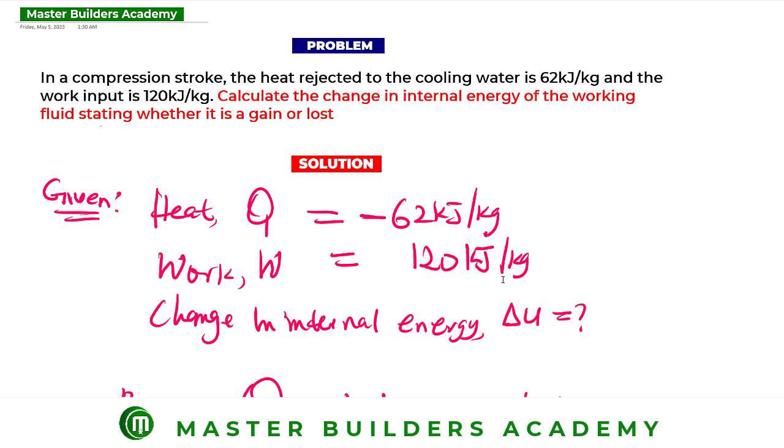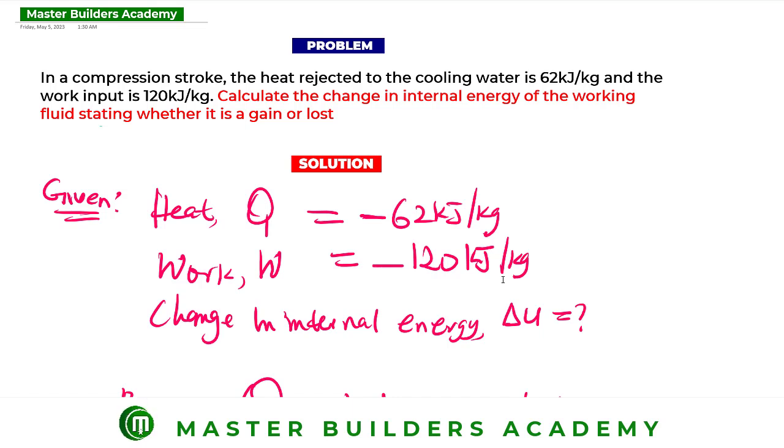When we come to work done, this is work input, which means the work done on the system. Work output is the work done by the system, but work input is the work done on the system.